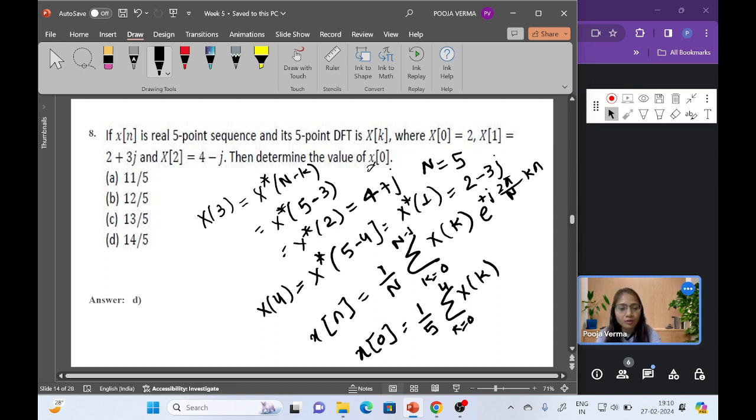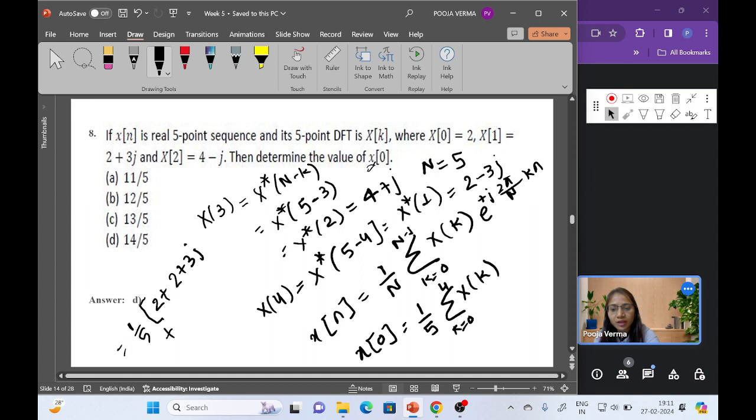So now we need the summation of all the X of k's. So 1 by 5. If we put k is equal to 0, the value of X of 0 is 2. Similarly, if we put k is equal to 1, the value of X of 1 is equal to 2 plus 3j.